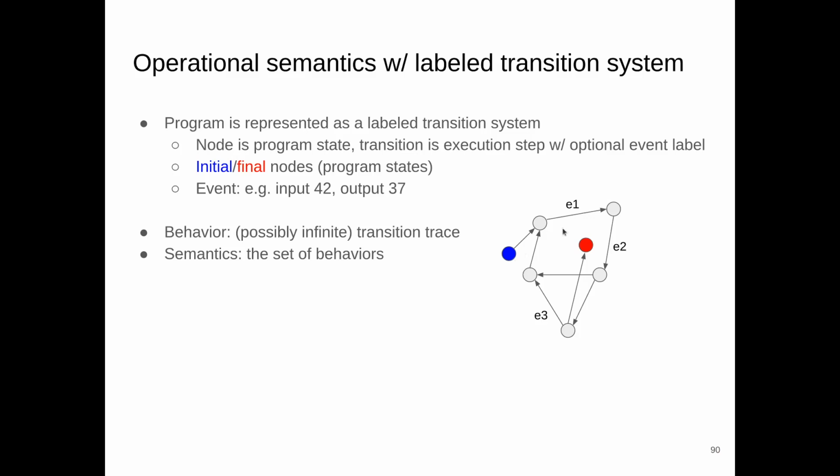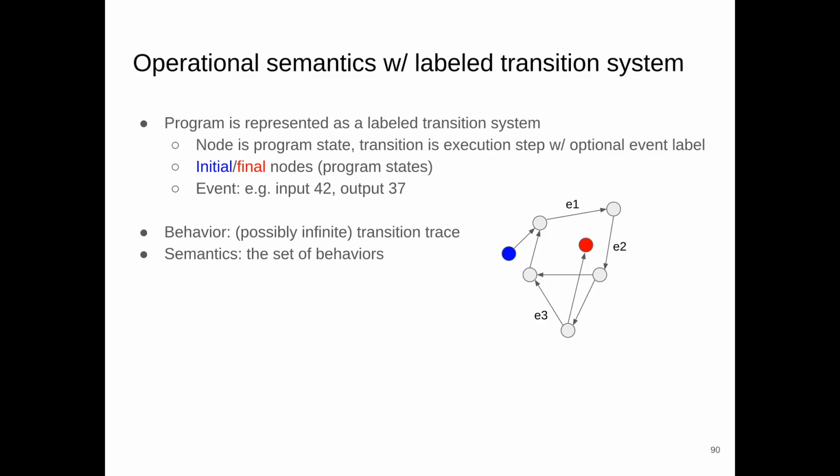You can go to this, and immediately go to the final state. So this is also a possible behavior of this given program. There can even be infinite traces if there's a loop. For example, you can start from here and go on looping. That corresponds to a server program that is not terminating at all. So it is a possible behavior of a program as well.